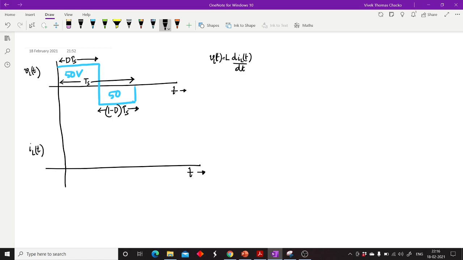Correspondingly, we have to determine what is the inductor current. So as per this relation, we will get the inductor current, or we can write IL of t equal to the integral from minus infinity to t of VL of t by L dt.